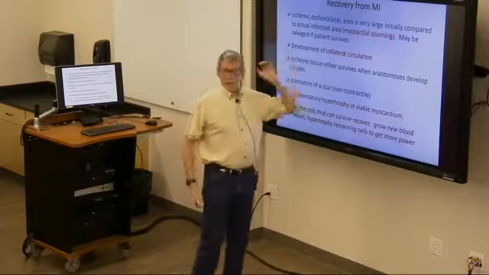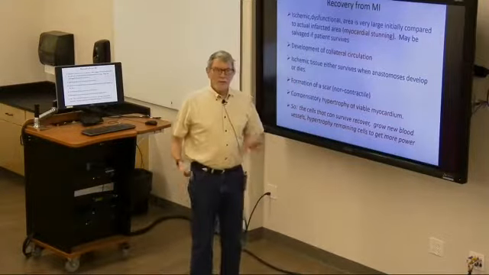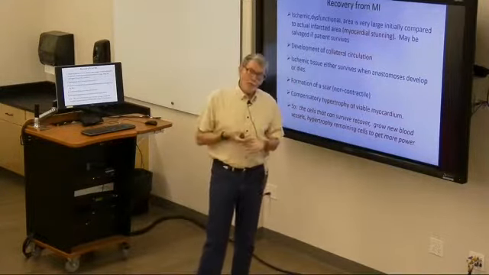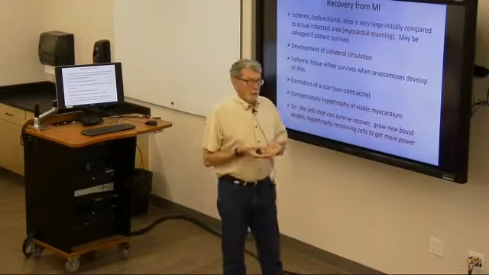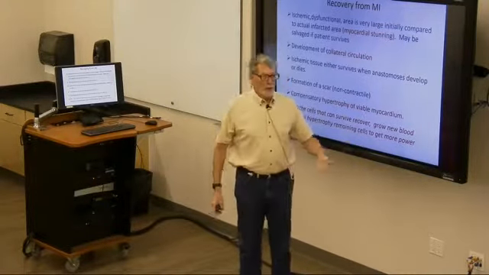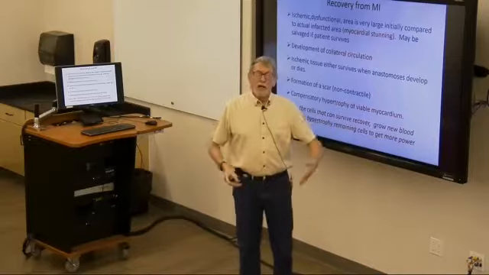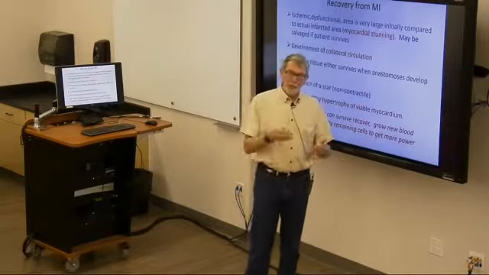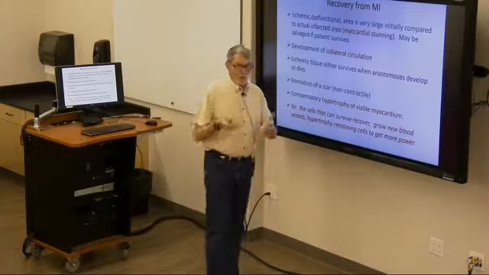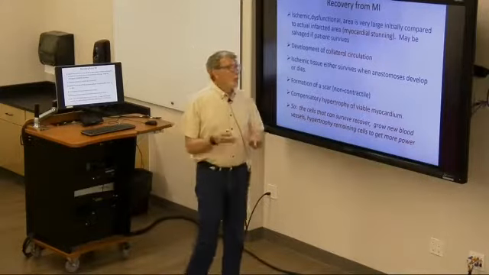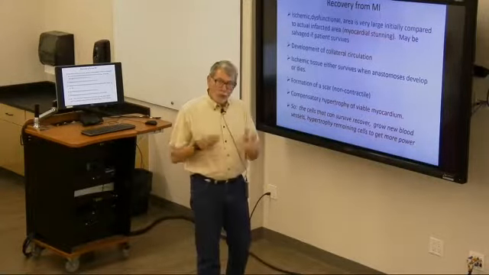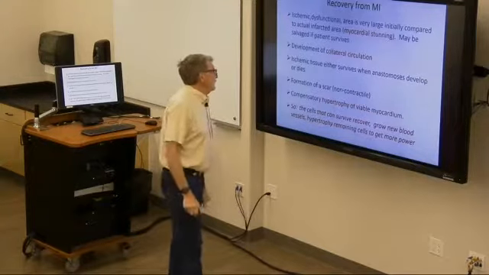You can develop collateral circulation. If you already have some, it opens. If you survive and get to do cardiac rehab and exercise, you'll develop some collateral circulation. Of course, you do bypass surgery or angioplasty or whatever is going to be required to restore the blood flow the best you can.